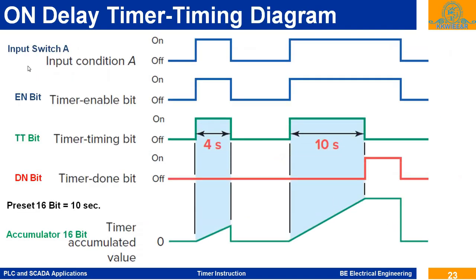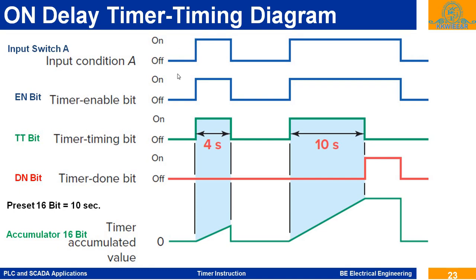For the input switch, a separate diagram is shown, and separate ones for the enable bit, TT bit, done bit and accumulator. When this input switch is closed, its state is high, or true.